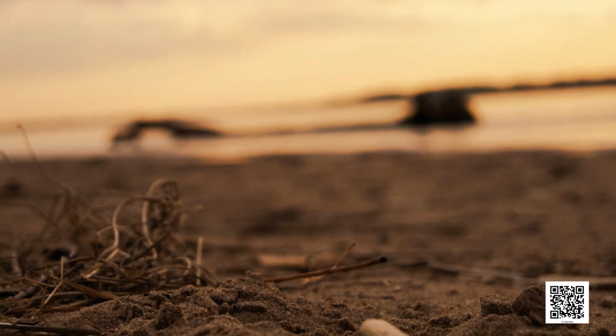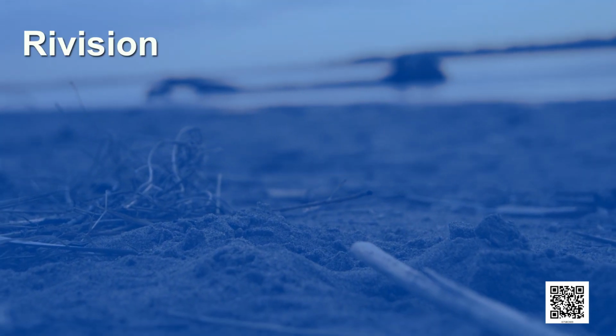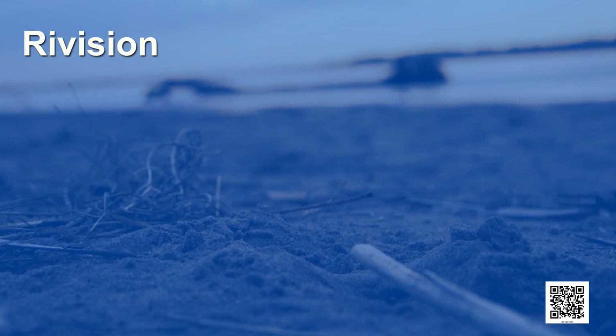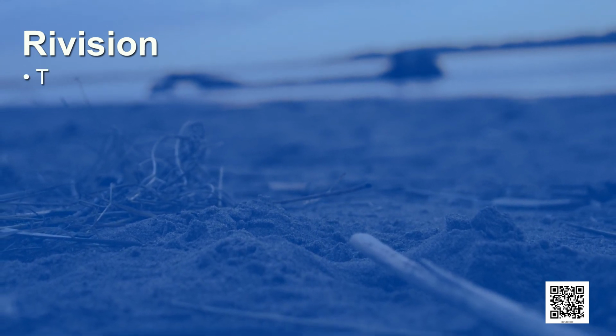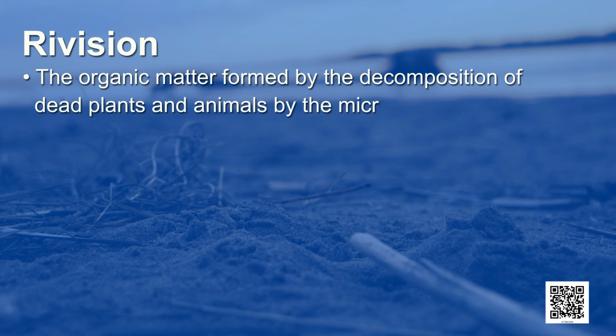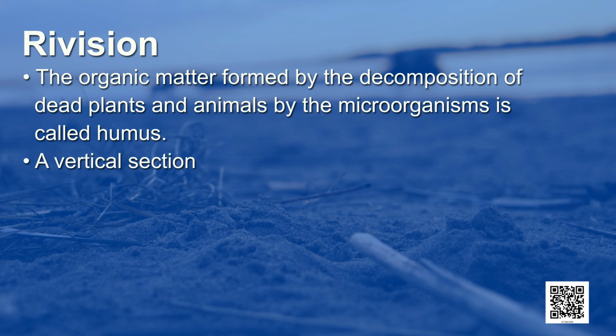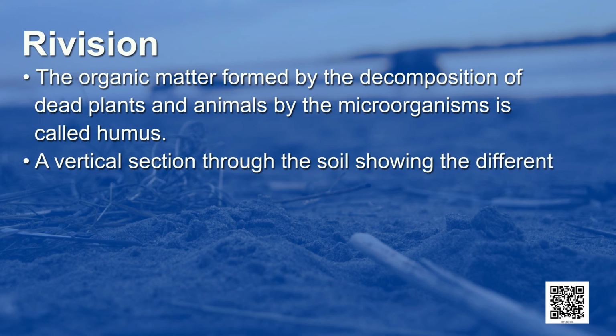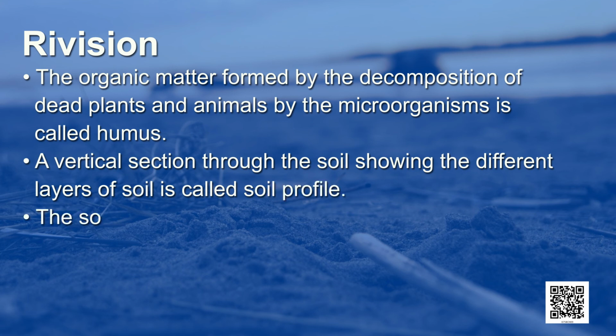Now, dear students, let's revise the chapter and see what we learned. The organic matter formed by the decomposition of dead plants and animals by the microorganisms is called humus. A vertical section through the soil showing the different layers of soil is called soil profile.